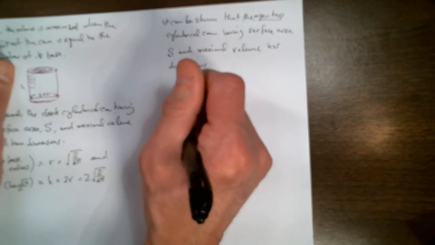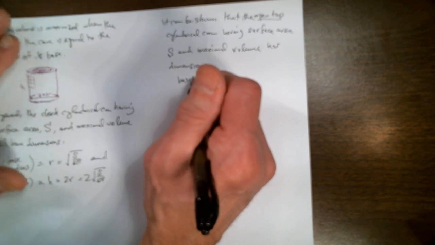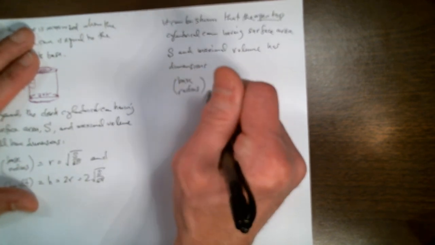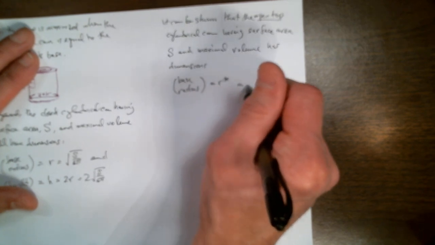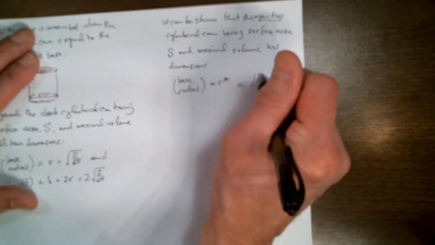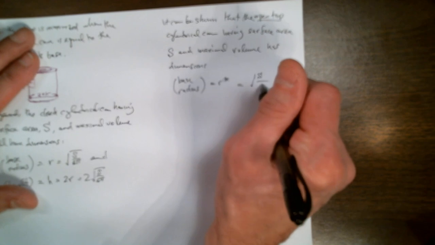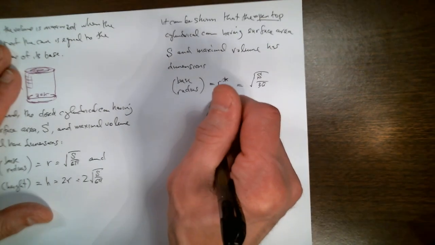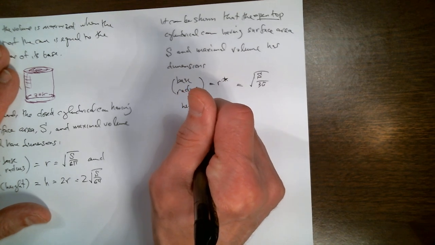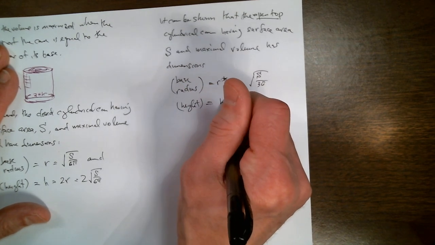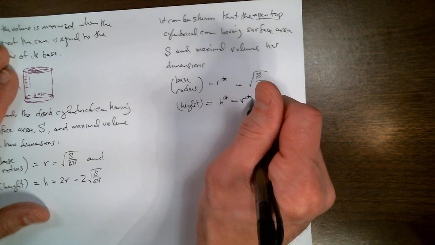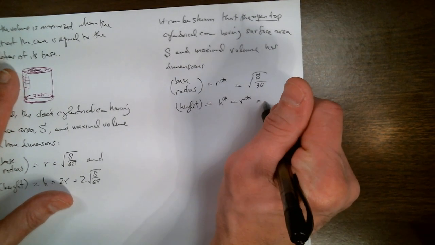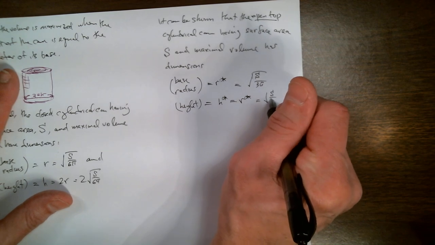This time, the base radius, which we'll call r star, is going to be the square root of S divided by 3 pi units, and the height of the can, let's say h star, is actually identical to the base radius. Again, square root of S over 3 pi.